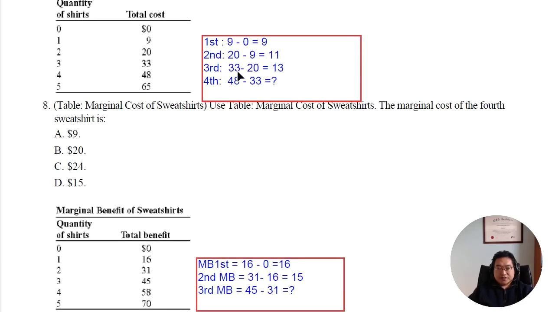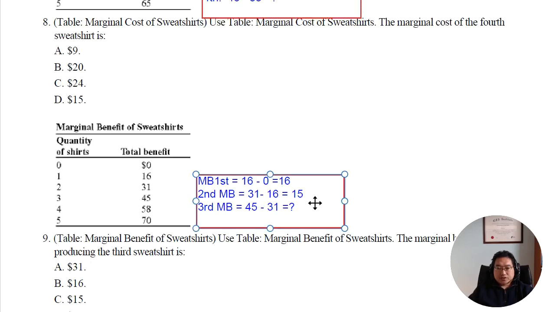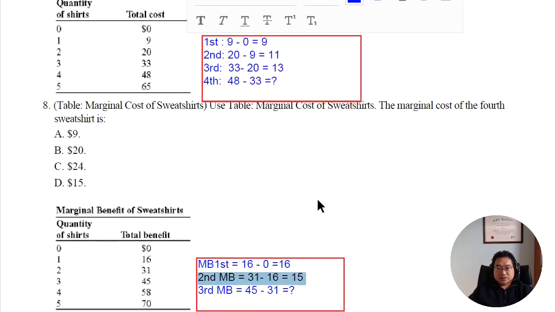Right? If you consider the second one, the marginal cost for the second sweatshirt is $11, but the marginal benefit for the second sweatshirt is $15. So if you produce the second unit, right after you have done the first sweatshirt, you produce another sweatshirt, then your marginal cost is only $11, but your marginal benefit is $15.